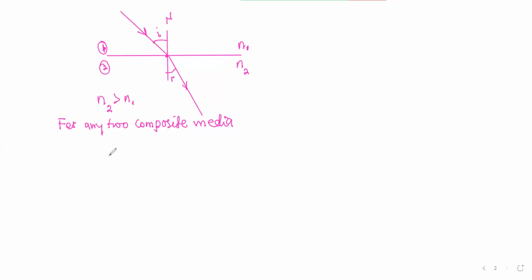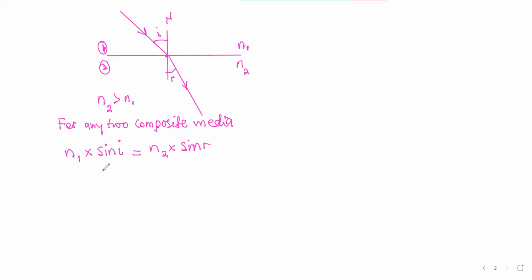The product of the refractive index of the first medium and the sine of the angle of incidence must be equal to the product of the refractive index of the second medium and the sine of the angle of refraction r.